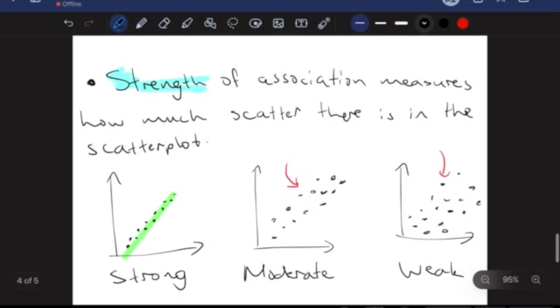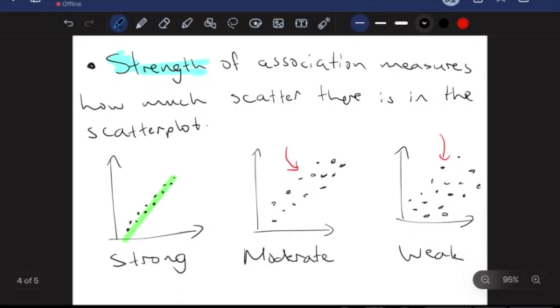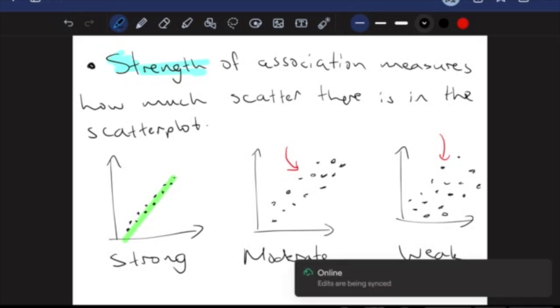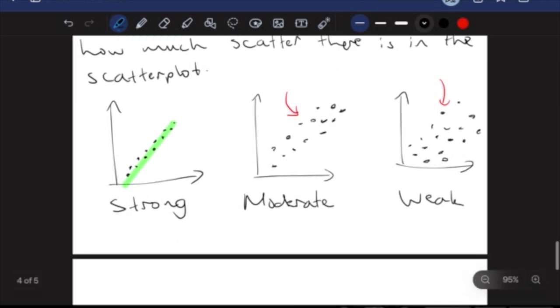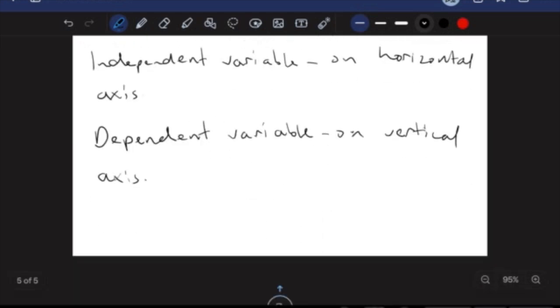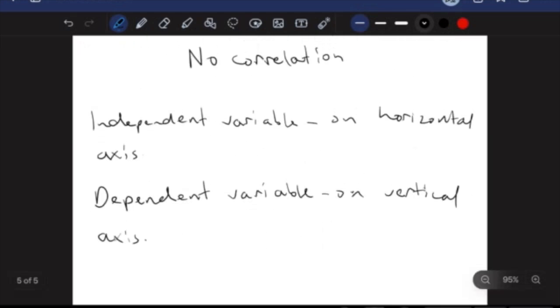The strength of association, how much scatter is there in our scatter plot, or in other words, how linear is our scatter plot. The more linear it is, the more we can say that one variable influences the other. And finally, we've introduced these ideas of independent and dependent variables. The independent sits on our horizontal axis, the dependent will sit on the vertical.